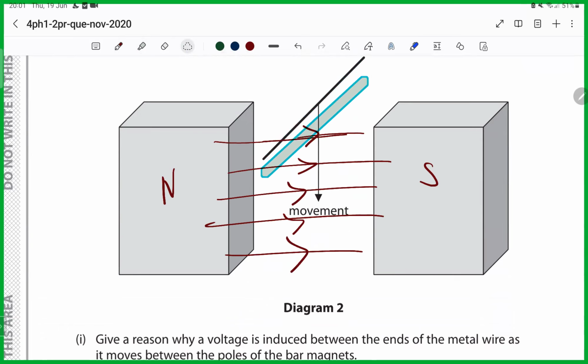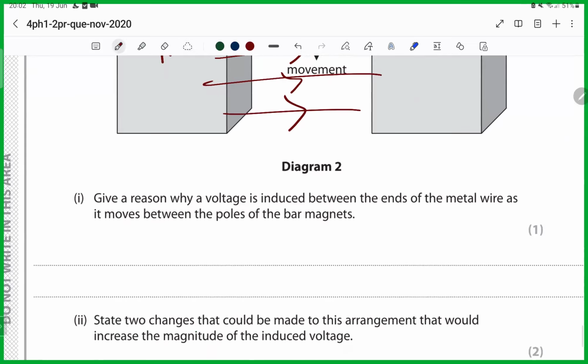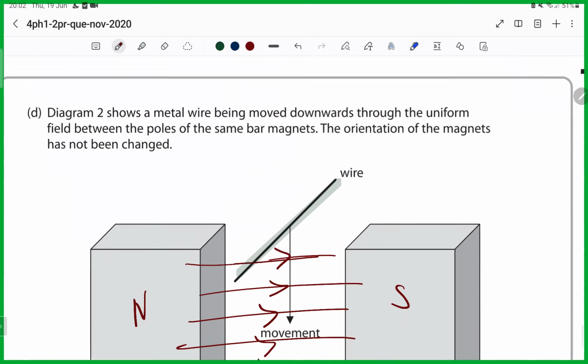Clear? Okay, give a reason why voltage is induced between the ends of the wire as it moves between the poles of the bar magnets. Why is the voltage induced? Because of electromagnetic induction. What does electromagnetic induction tell us? That if a conductor or a metal wire or a coil of wire cuts through a magnetic field line, a voltage will be induced.